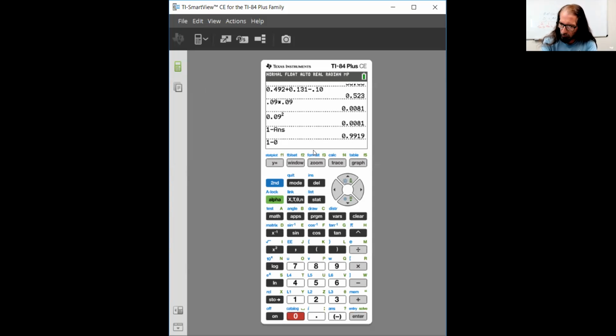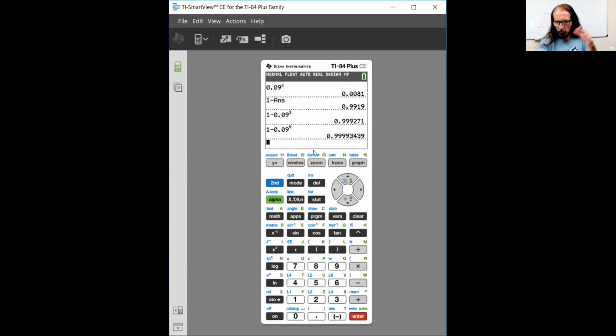Let's see what happens with 3 of them. That's getting closer to 0.9999. Let's go up to 4 components. Can't have a fraction of a component, by the way. So now we're getting 0.9999, that's 4 nines followed by 3439 approximately. And it would only get better from there with 5 or more. So we need at least 4 components.